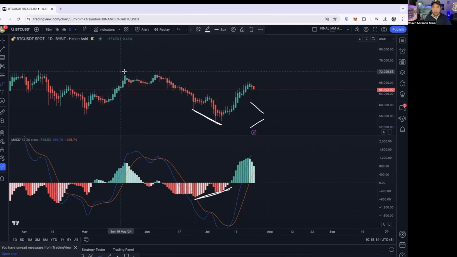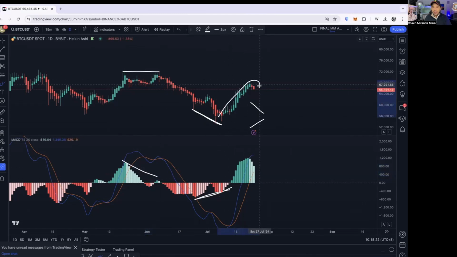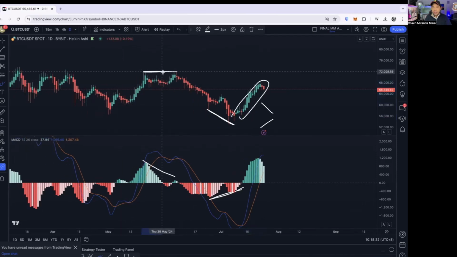This is what you call a divergence. So if you see a convergence, there's a potential for it to create a transition from a downward trend to an upward trend. And if you see a divergence, it can transition from an attempt to create a higher high trend and now create a downward trend.